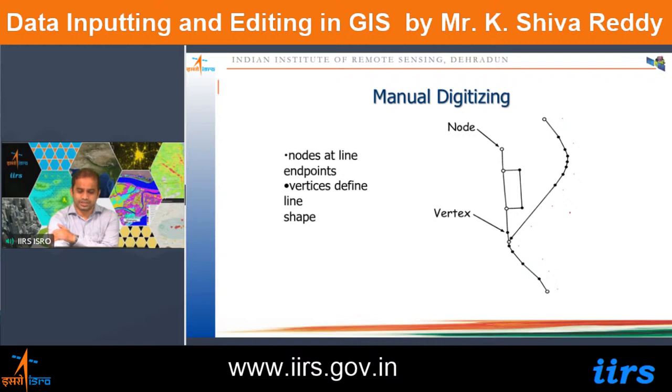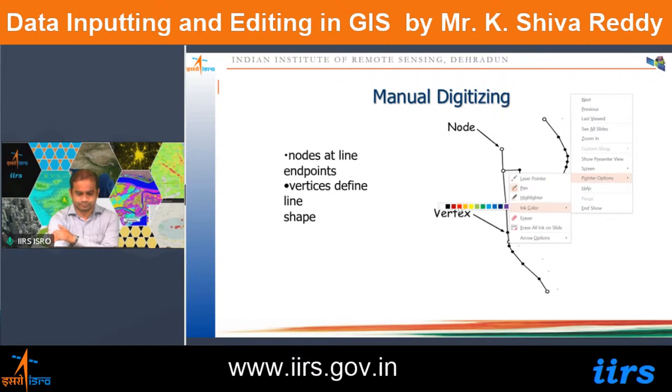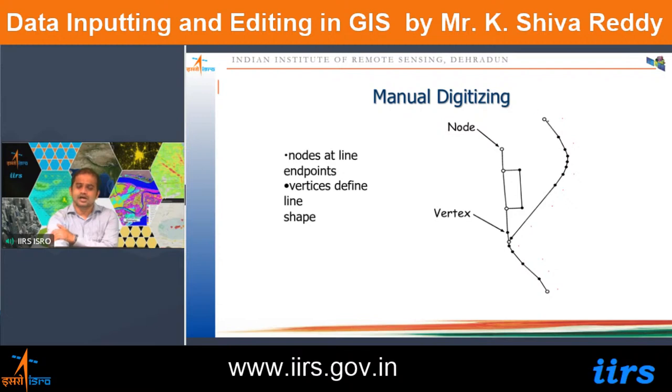So these are vertices, and these are vertices, and the start and end will be called a node. So nodes define the start or end of any line or line segment, while vertices define the shape.